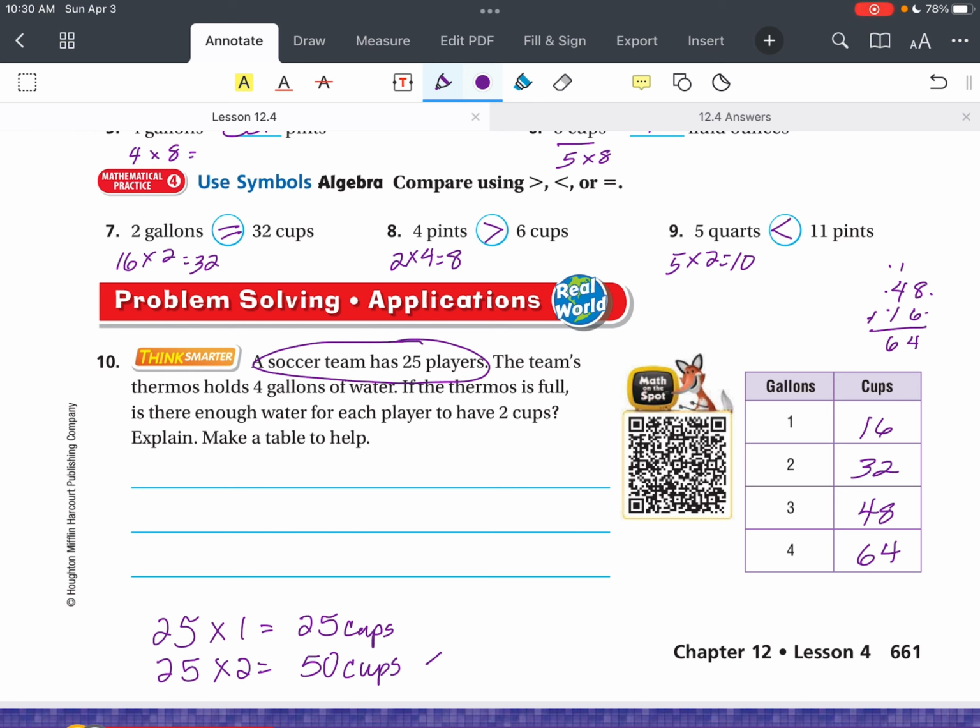But since 50 cups is less than 64 cups, which is what the thermos holds, because 4 gallons is 64 cups, that means the thermos would hold enough. So if the thermos is full, there would be enough for each player to get 2 cups. There would be enough for 50 cups, and they would even have 14 cups left over.